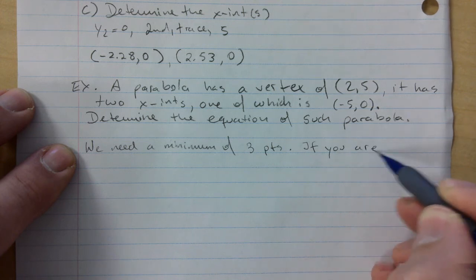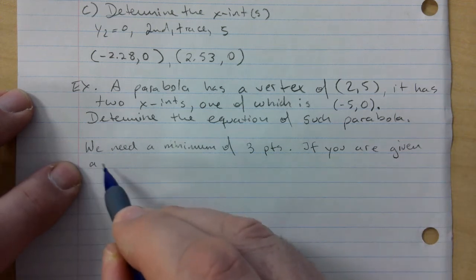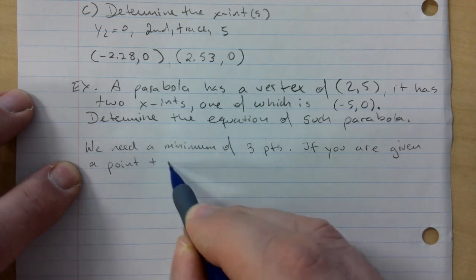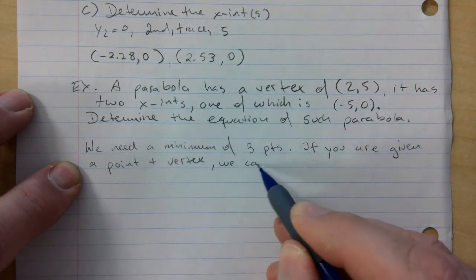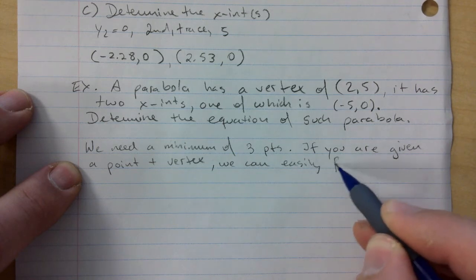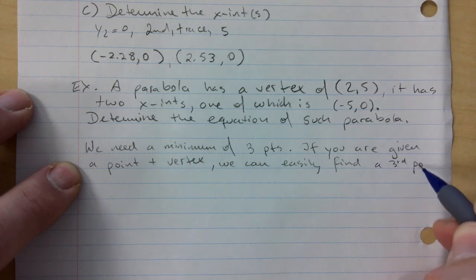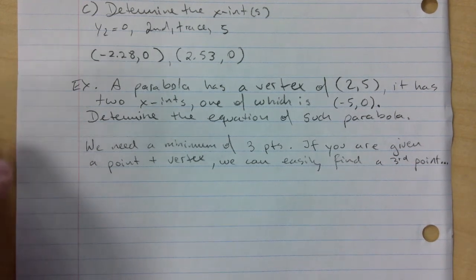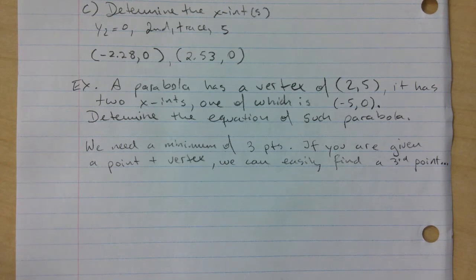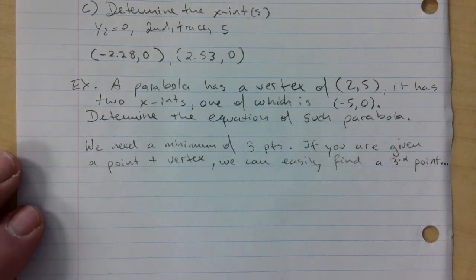If you are given a point plus the vertex, you can easily find a third point. This is where, remember the axis of symmetry, the formula for the axis of symmetry, (x1 plus x2) divided by 2. This is where that comes in handy.